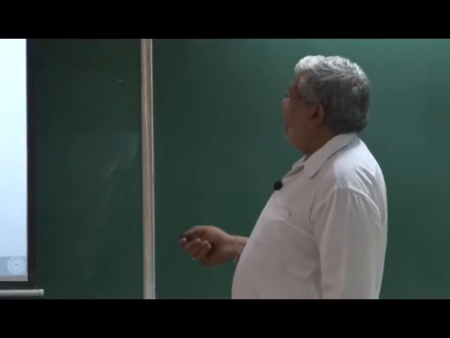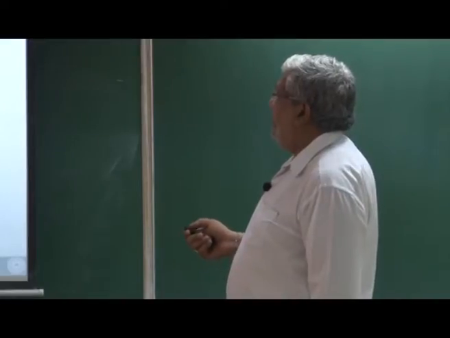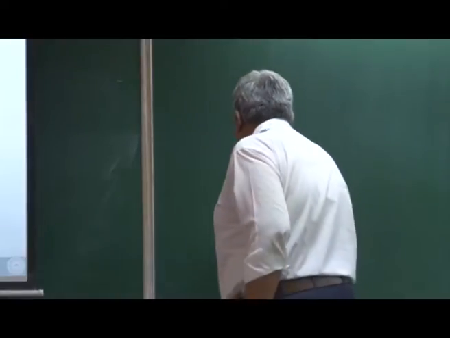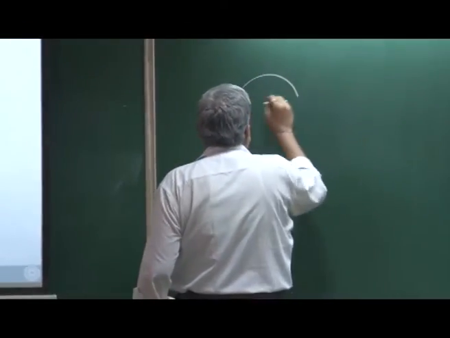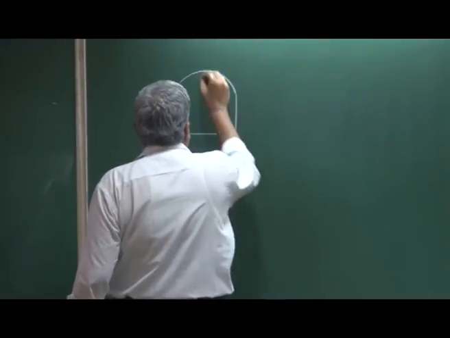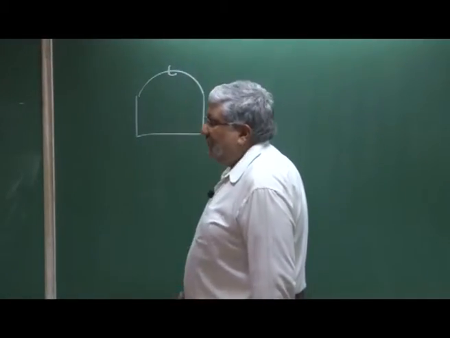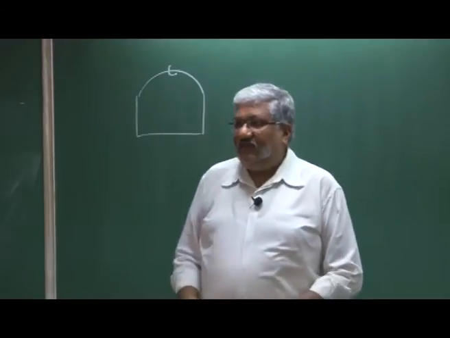Combustion chambers are made as spherical as possible. So if you make a spherical combustion chamber like this, and you have a spark here, this will also reduce the length of the flame travel.